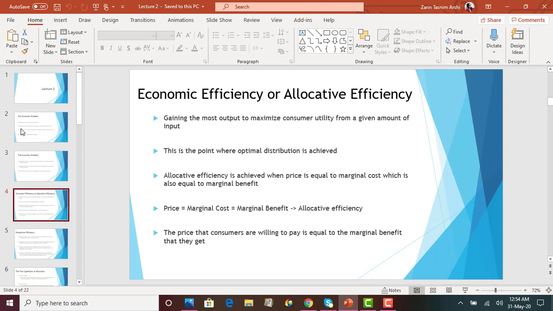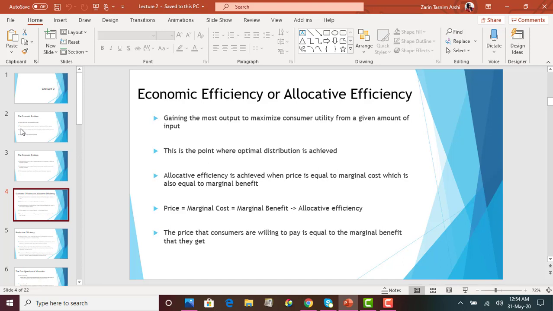In light of that, there are two concepts that come into play. The first one is called allocative efficiency, or economic efficiency. Allocative efficiency and economic efficiency can be used interchangeably; they mean the same thing. There are three conditions for allocative efficiency to happen. First, consumer satisfaction is maximized. When we are making choices, our satisfaction and our utility will be maximized.